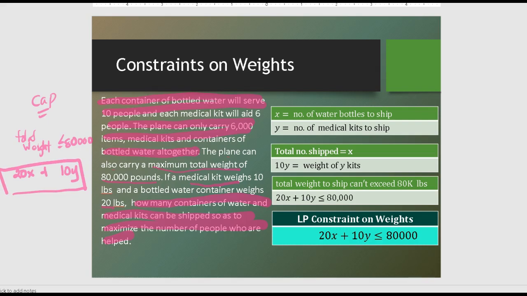Another way to see this is to use dimensional analysis. 20 pounds per water container times X water containers will give us, the containers cancel, 20 pounds times X, which is 20X. Okay, there. And similarly for Y. So we have this constraint.